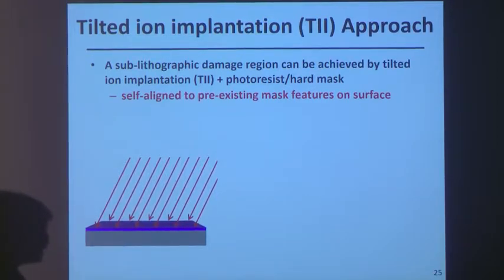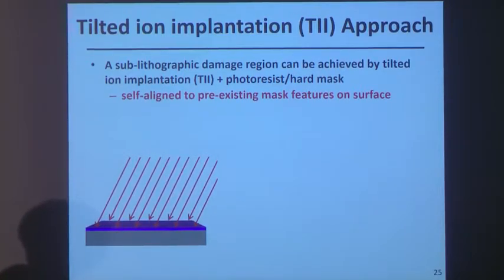Ion implantation today is actually one of the most inexpensive steps. It's almost as cheap as a wet clean, and it's very uniform across large areas. So it's well controlled, and implantation can be done precisely at different angles. So let's say we have a hard masking layer on the surface of your IC layer that you'd like to pattern. In this case, it's just a thin layer of silicon dioxide.